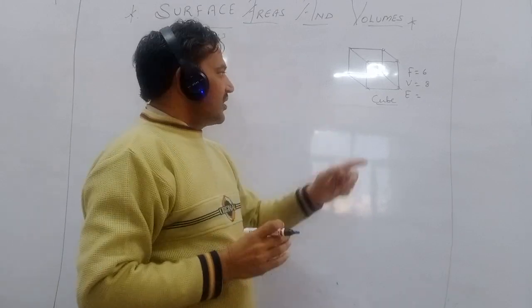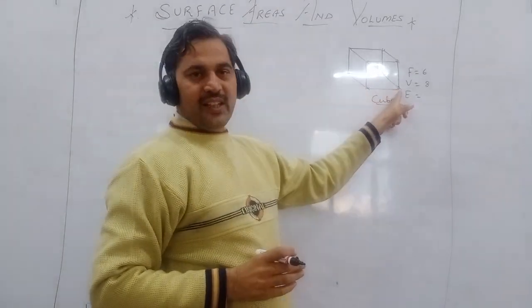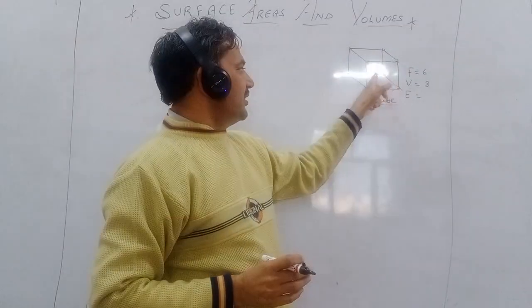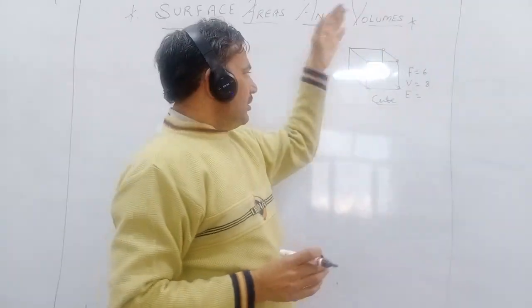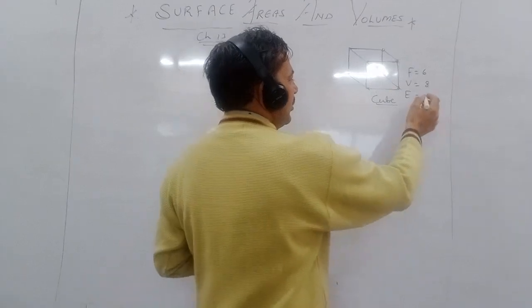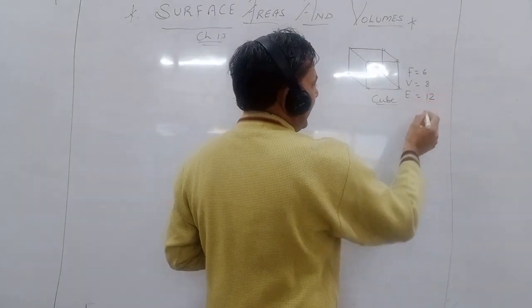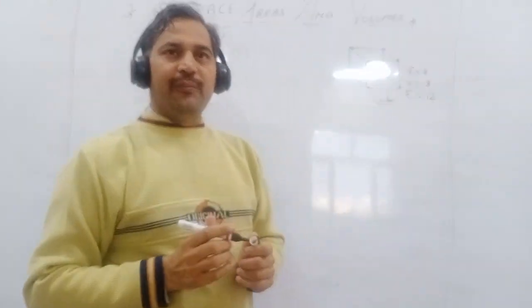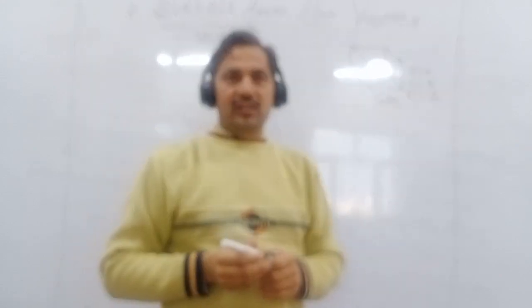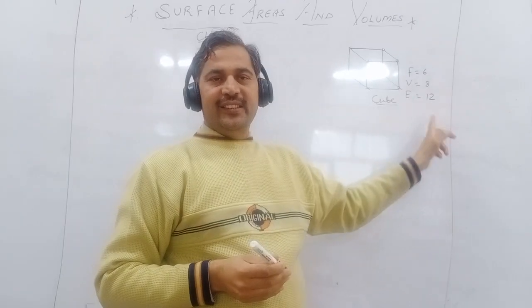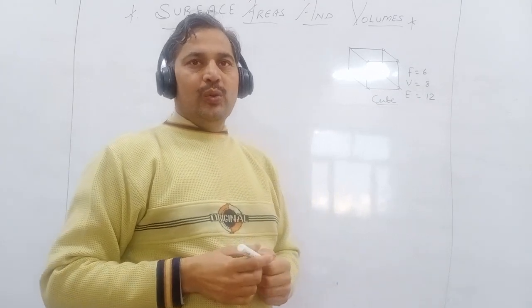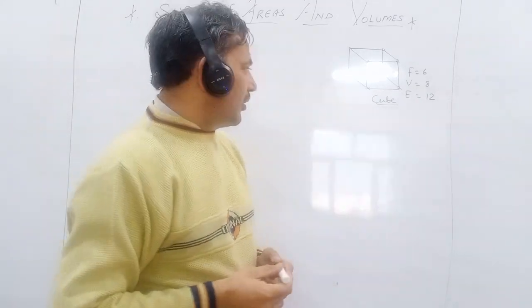Edges means this line segment from this vertex to this vertex. So base 4, top 4, and 4 height. Total 12. In your 8th standard, you know the Euler formula: faces plus vertices minus edges is equal to 2. That is known as the Euler formula.